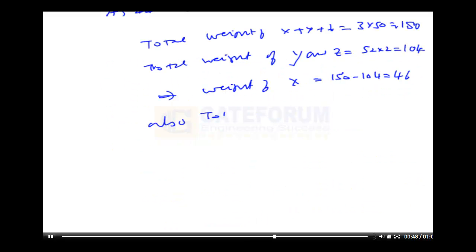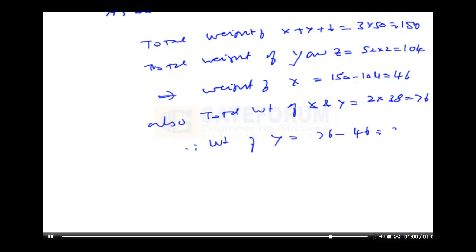Also, total weight of X and Y is 76. Therefore, weight of Y will be 76 minus 46 is 30 kgs. Option is C.